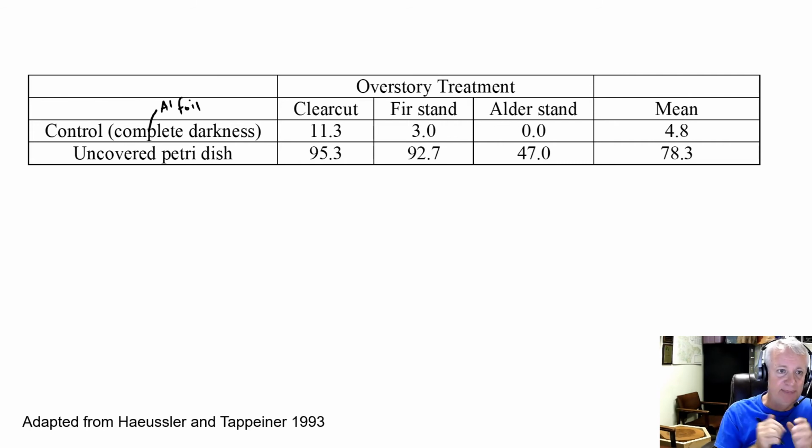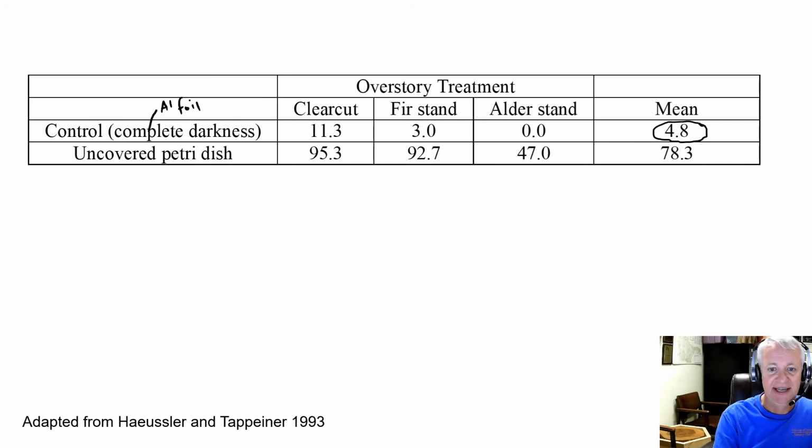So a couple of things. First, in complete darkness, mean germination was very low. There was a little bit higher germination in the clear cut, but not by much, still very low germination. That's likely an effect of temperature. Temperature likely stimulated germination of those alder seeds. But overall, very low germination.